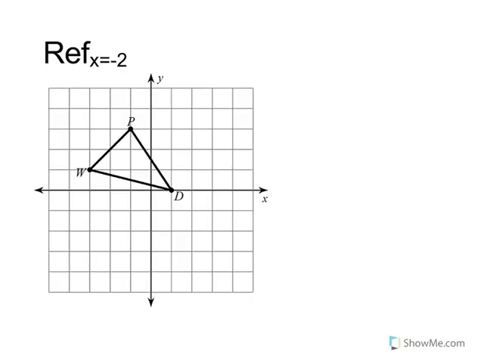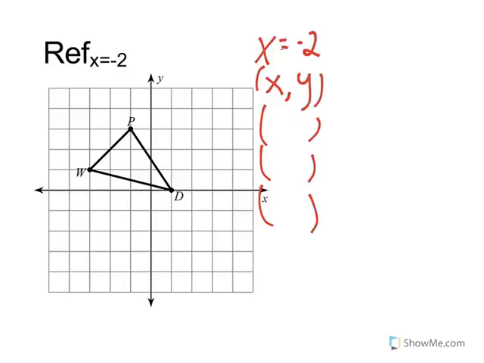So now we'll look at a reflection across the line x equals negative 2. So this line x equals negative 2. A couple different ways you could have learned to graph it. What I usually show students is to make a set of coordinate points, so x, y points, where you know that all of your x values will be negative 2.